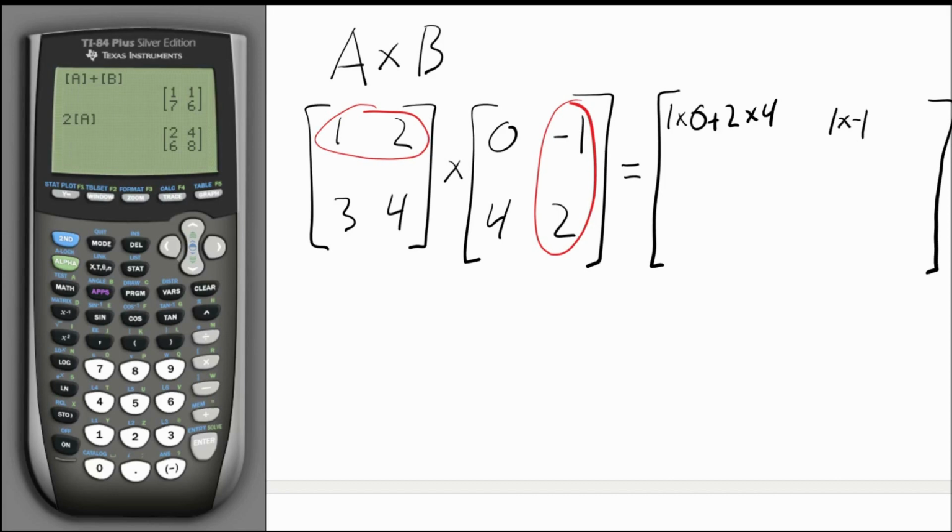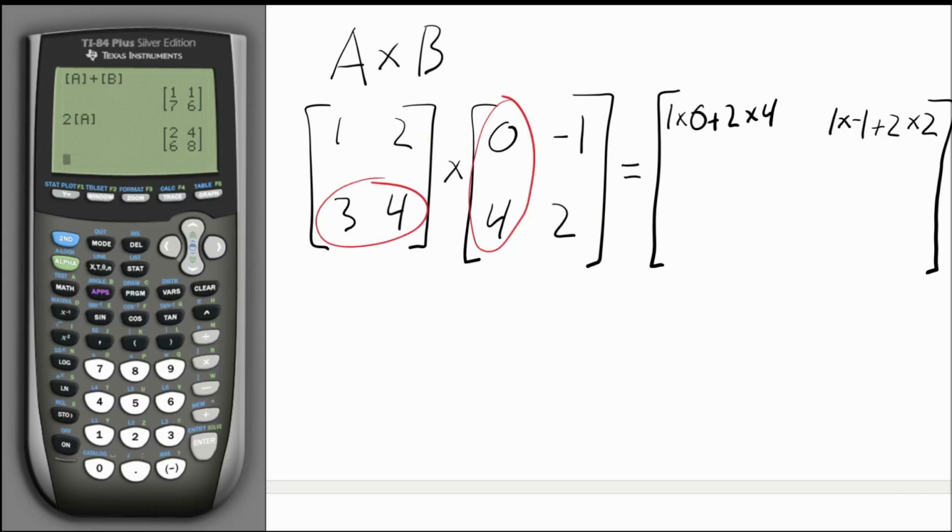And then the second element of the row times the second element of the column, so that's 2 times 2. And then we'll multiply the second row of A times the first column of B. So again, first element of the row times first element of the column, so it's 3 times 0.